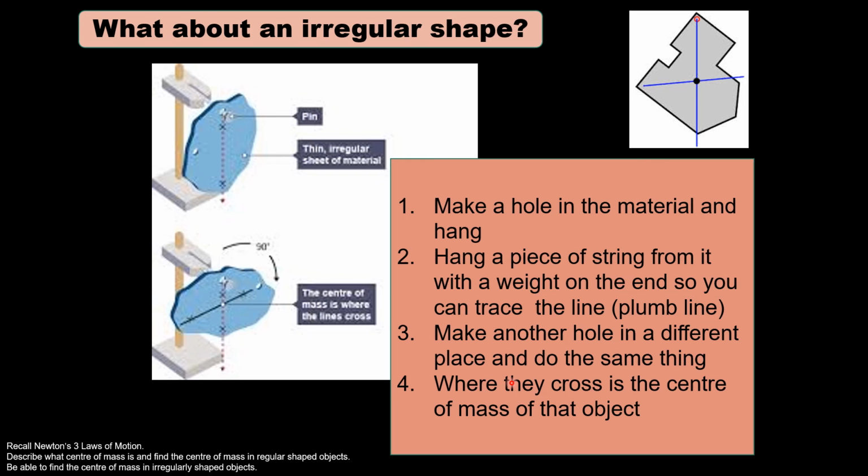Then where they cross is the centre of mass of that object. I will put a video in the description box so that you can actually see this in action, because it's quite hard to explain theoretically. You need to be able to see it in action.